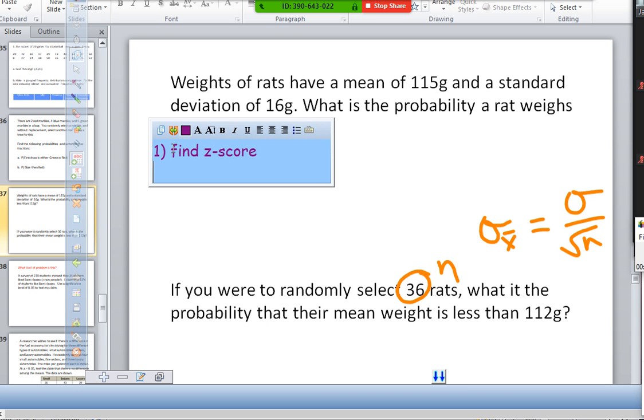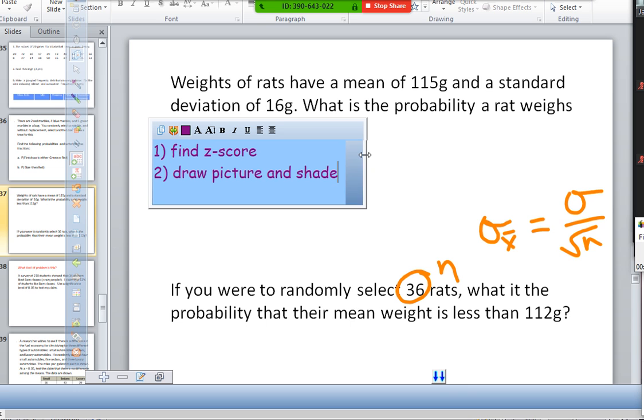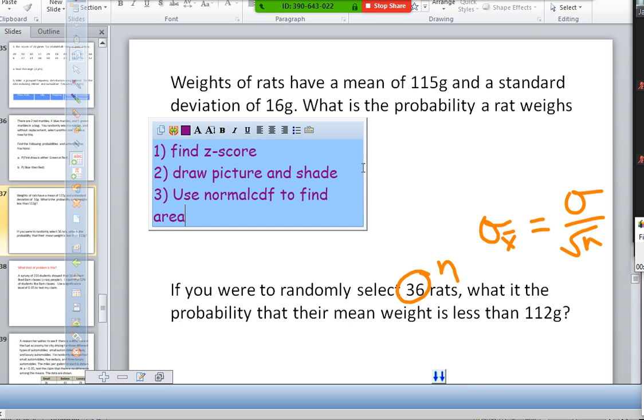Number two, draw a picture and shade. And then number three, use normal CDF to find the area, or the area is the same thing as probability.